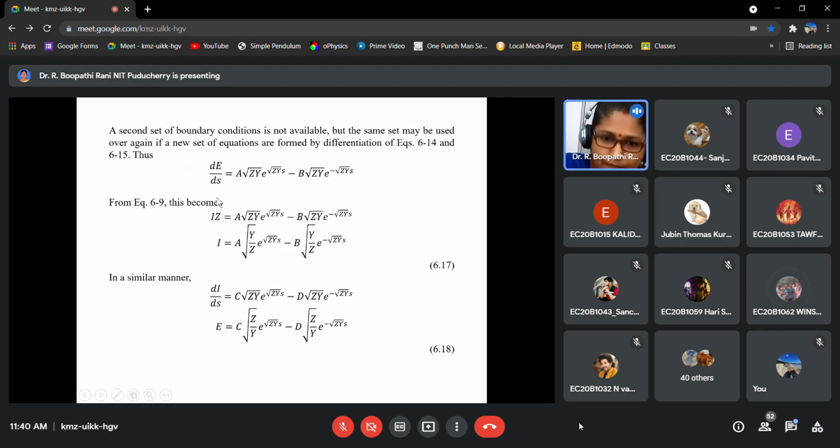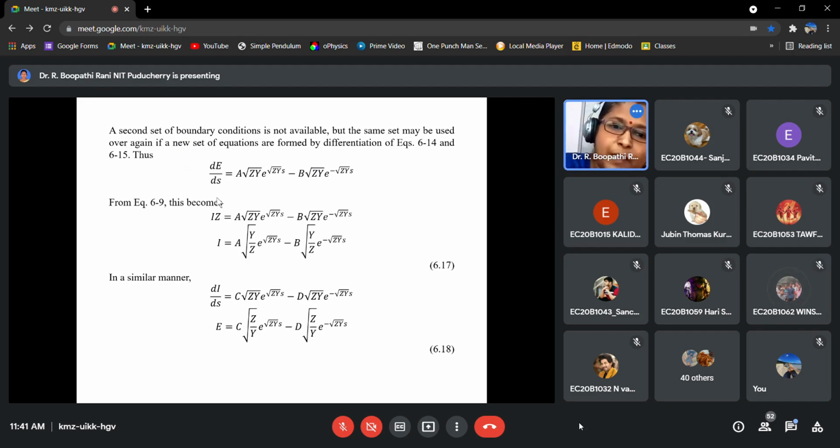Source voltage, source current could also be taken as boundary conditions, but this method is easier. In that case we have to consider the element at the source point, then S should be replaced as L, and the complexity will go high.